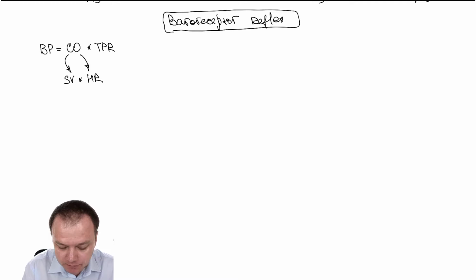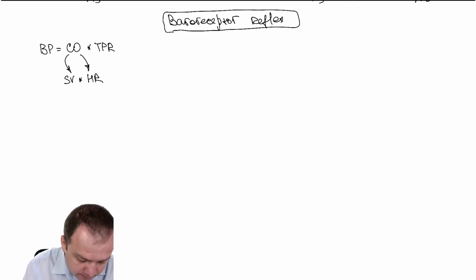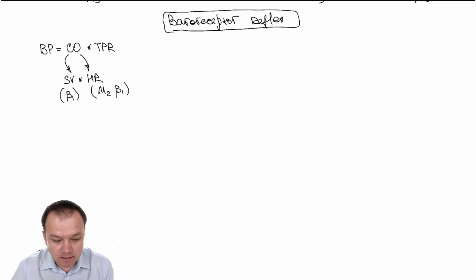How can we regulate heart rate? Heart rate is regulated by M2 receptors or beta-1 adrenergic receptors, and stroke volume is predominantly regulated by beta-1 adrenergic receptors.